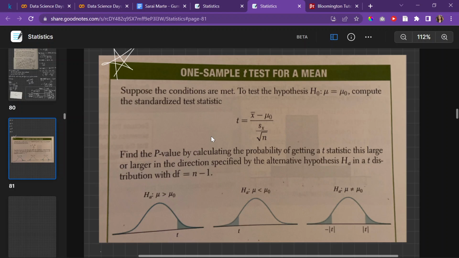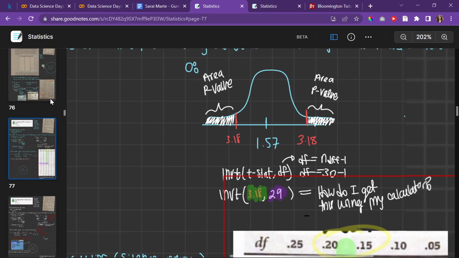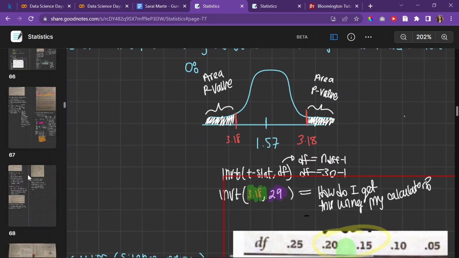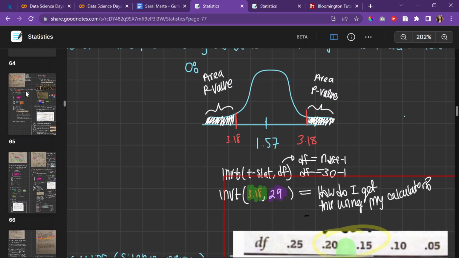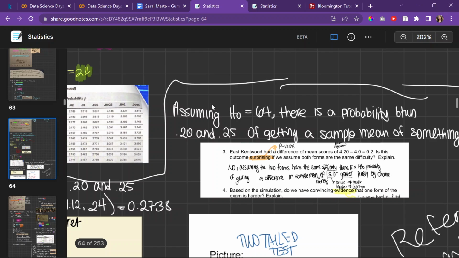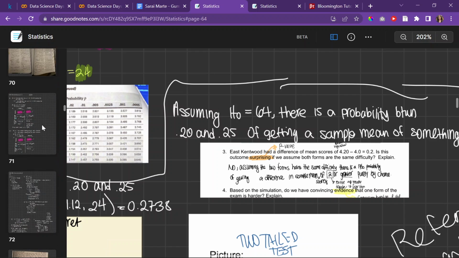Let me think. No, was it null or alternative? Again, here we go, me forgetting. This is page 64. What was it? Assuming that H0 is the null hypothesis. Okay.